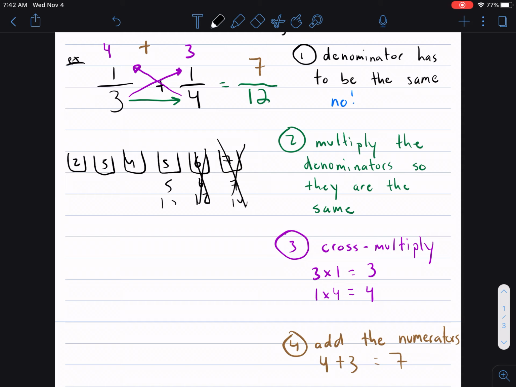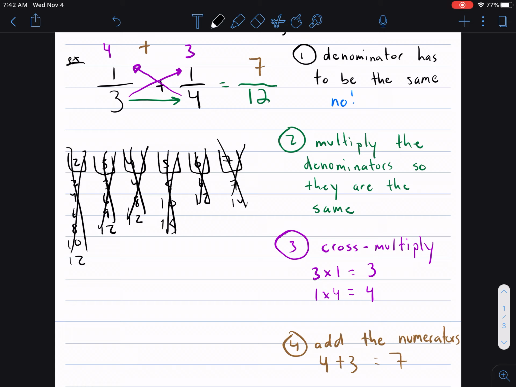No. ¿Ustedes ven a 7 o 12 en las tablas? No. We cannot simplify it. My answer is 7/12.